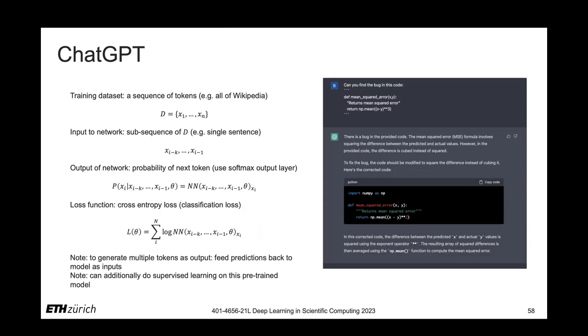That's the really cool thing that emerges from this model. But they have a bunch of other training tasks that they use. They can pre-train it on specific tasks. If you give it a bunch of questions and answers, then it can fine-tune on that data set as well. The latest version of ChatGPT also does a reinforcement learning cycle where it has human feedback inside of it as well.